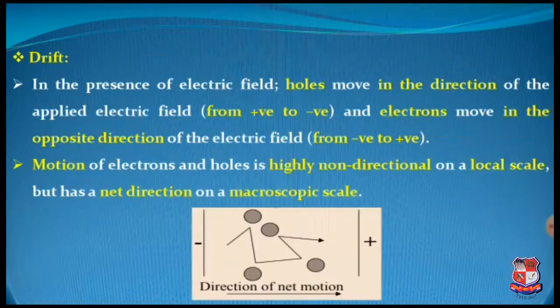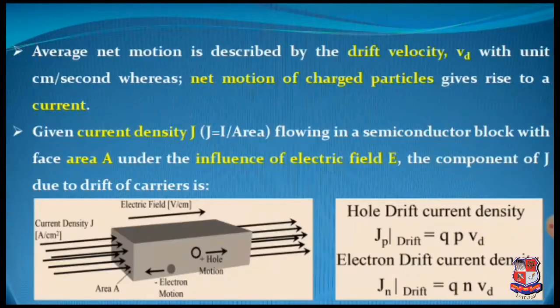So drift means, first of all, this electron was in a steady state. As soon as the electric field is applied, it is diverted from its original position, that means it has drifted, with a unit of centimeter per second, and the net motion of charged particles gives rise to a current.